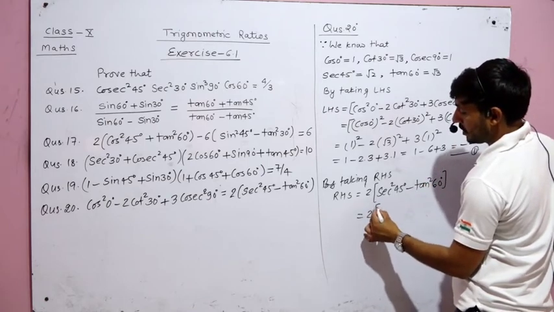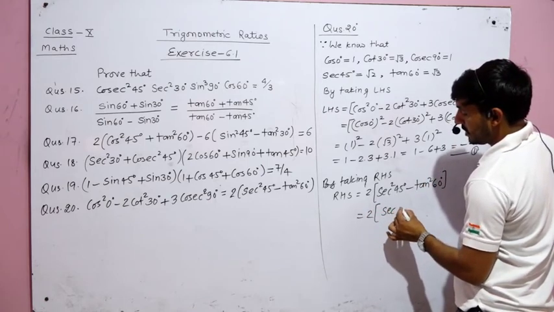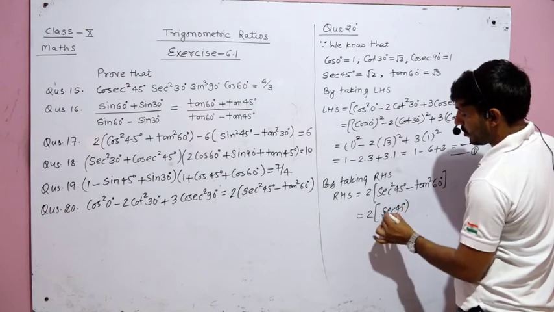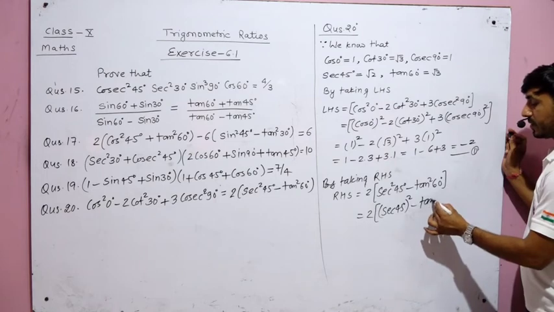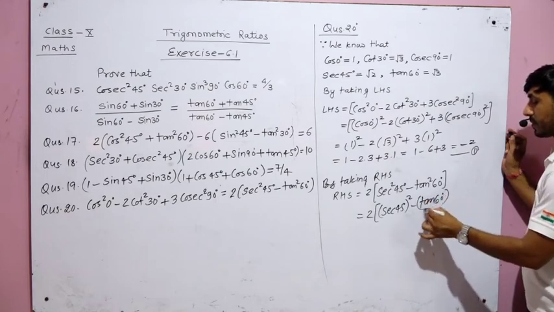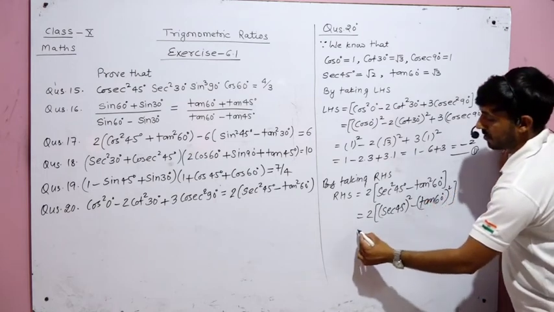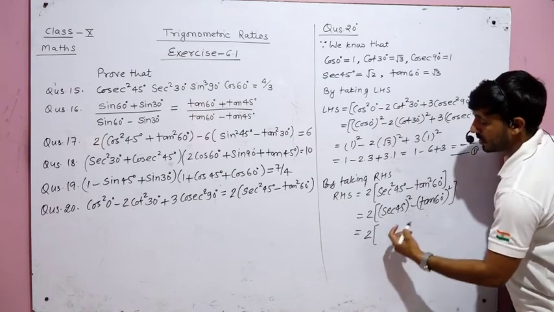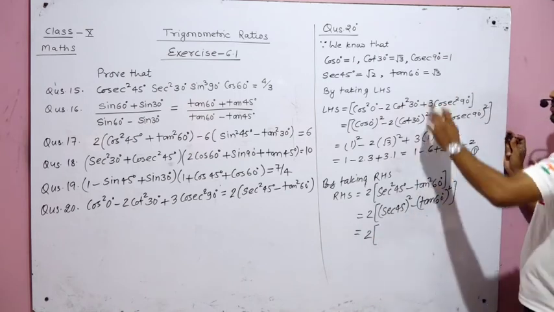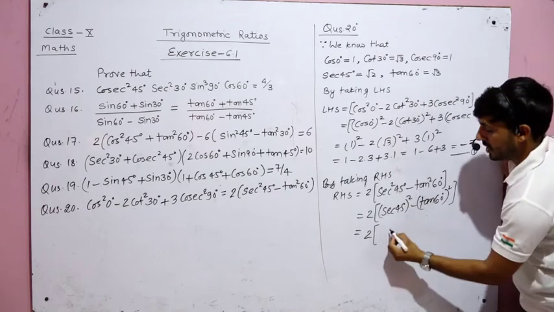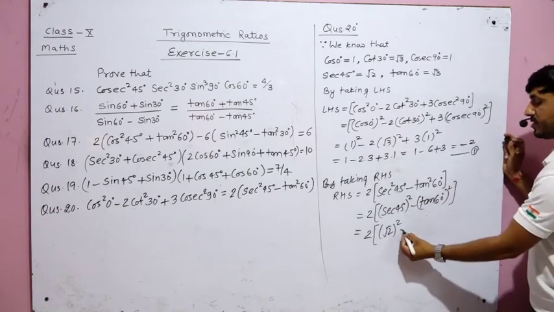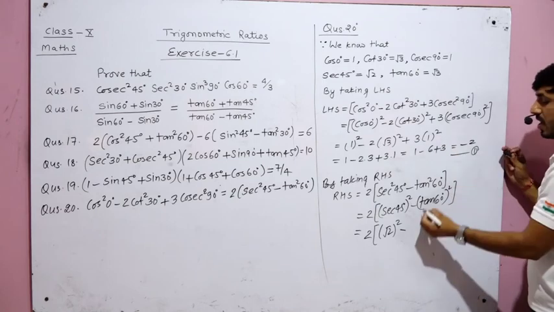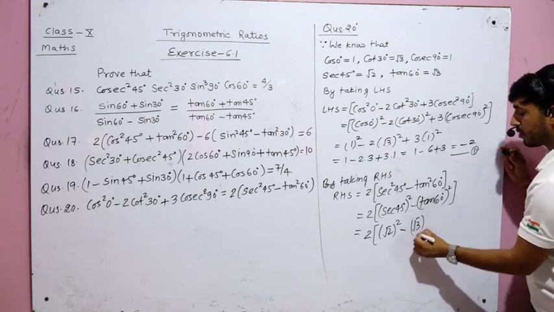We can write 2 into square of sec 45 degree minus square of tan 60 degree. In the next step, we can write 2 into sec 45 degree. What is the value of sec 45 degree? As we can see, that is root 2, and we have square of root 2 minus tan 60 degree, that is root 3, square of root 3.